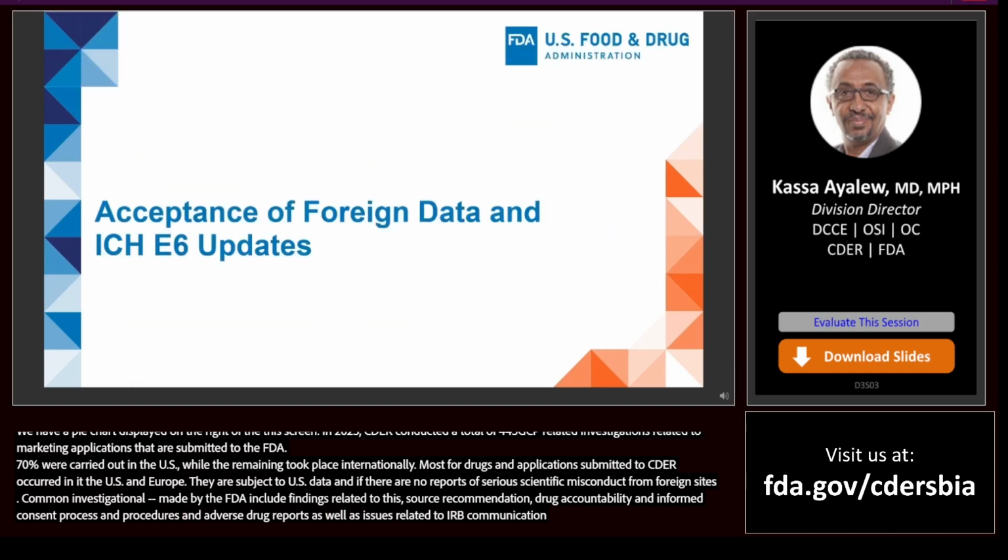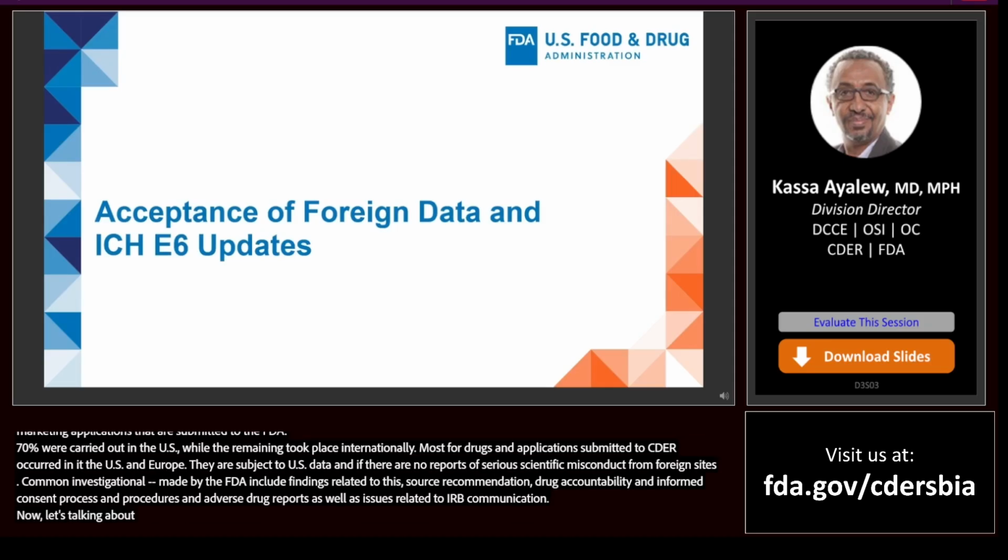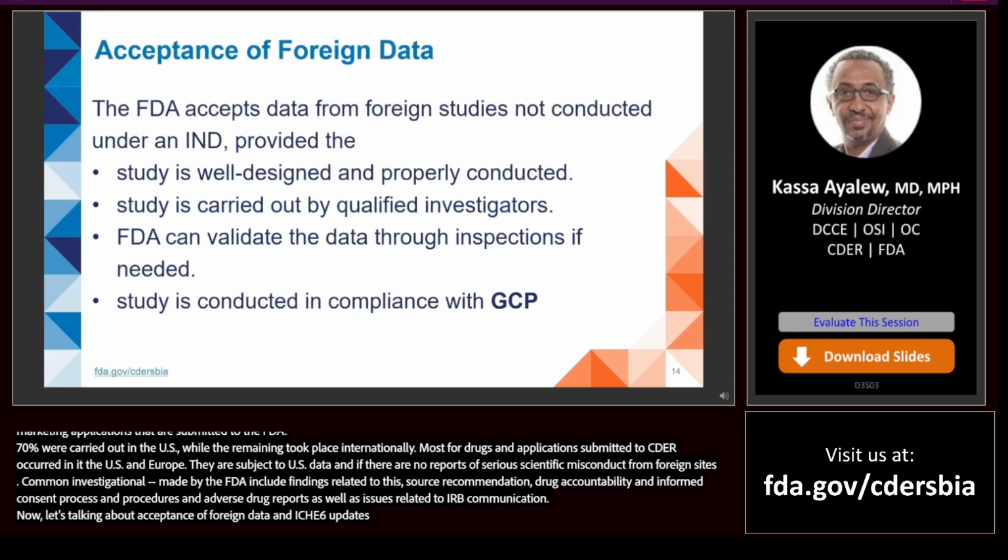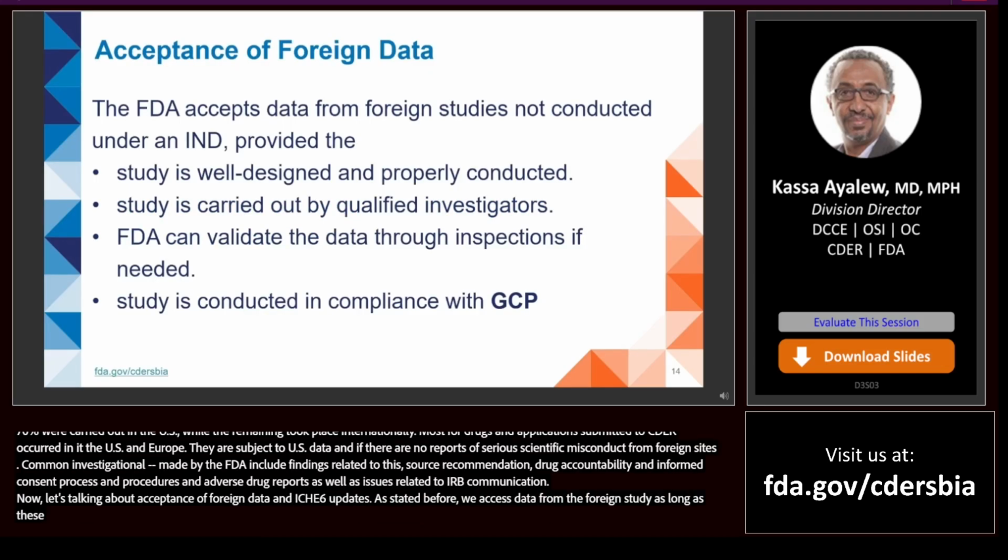Let's discuss now the FDA's acceptance of foreign data and updates to ICH E6R3, as both are vital for international clinical investigators involved in FDA-regulated research. As stated before, the FDA accepts data from foreign studies as long as those studies are well designed, conducted by qualified investigators, and comply with GCP standards.